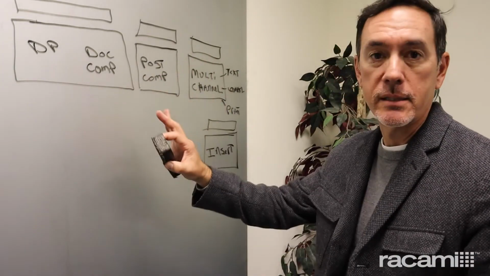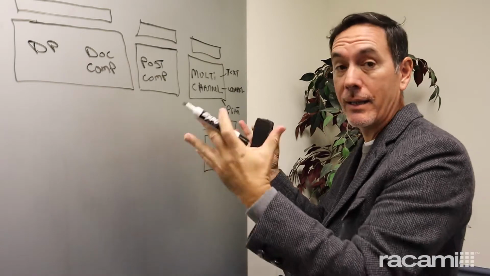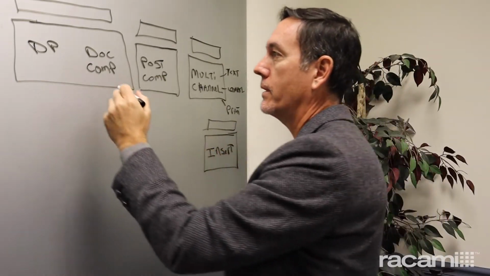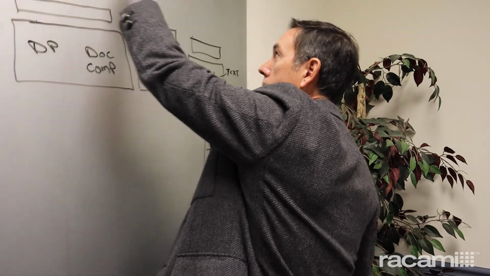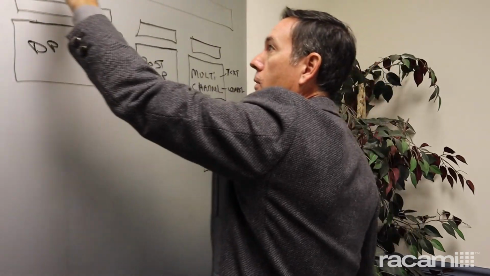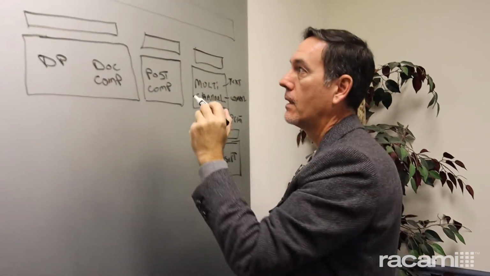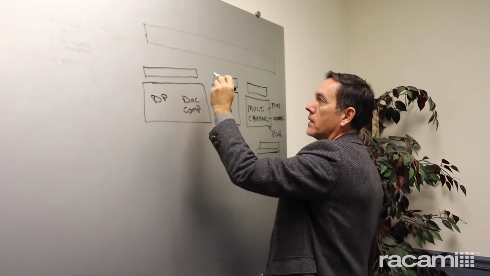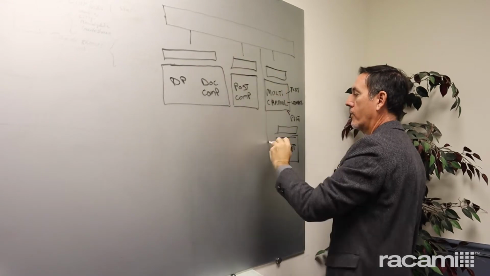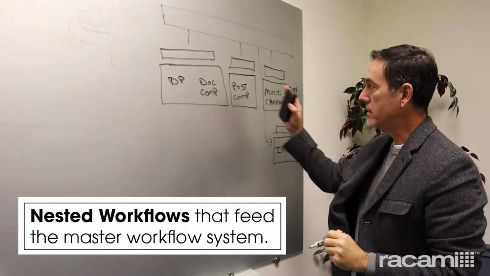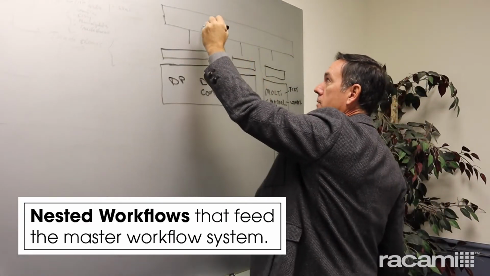So pockets of automation is what we're talking about. Islands of technology, nothing new, right? We've dealt with this for years and years. So the concept that I'm talking about is an overriding workflow system that allows you to tie together these pockets of workflows, nested workflows that feed the master workflow system.